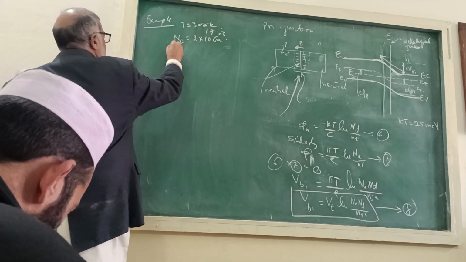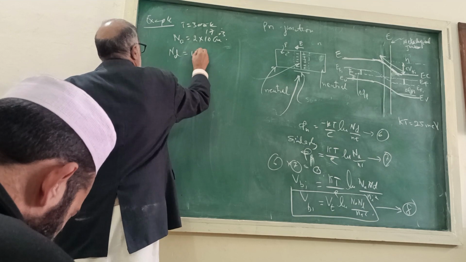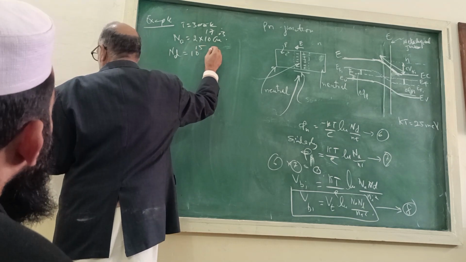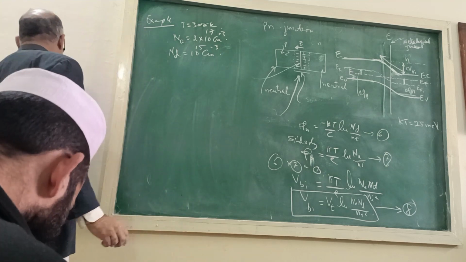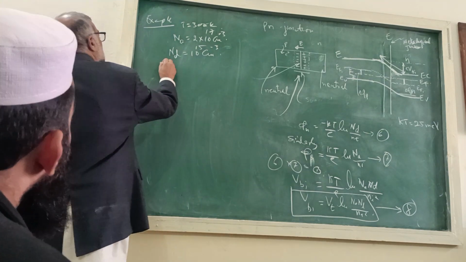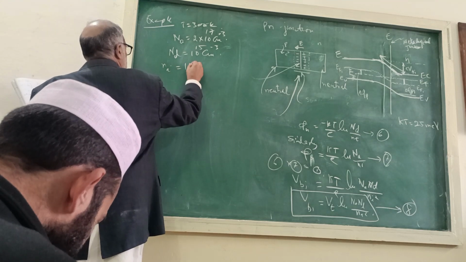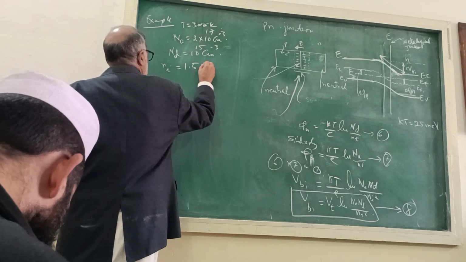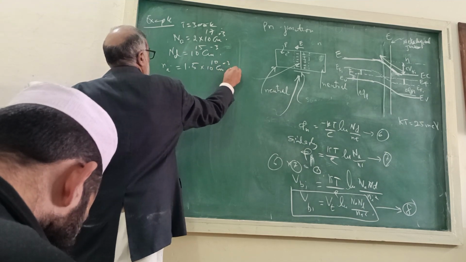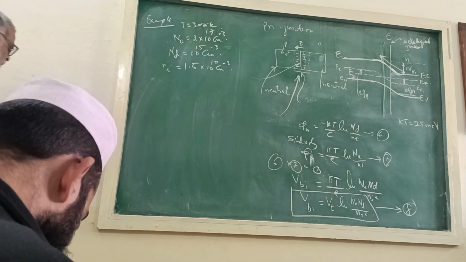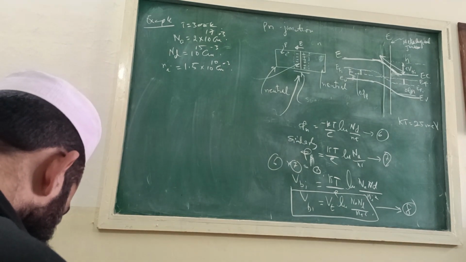Nd is equal to 10 to the power 15 per centimeter cube. And ni, the intrinsic carrier concentration, is 1.5 times 10 to the power 10 per centimeter cube. So find VBI.